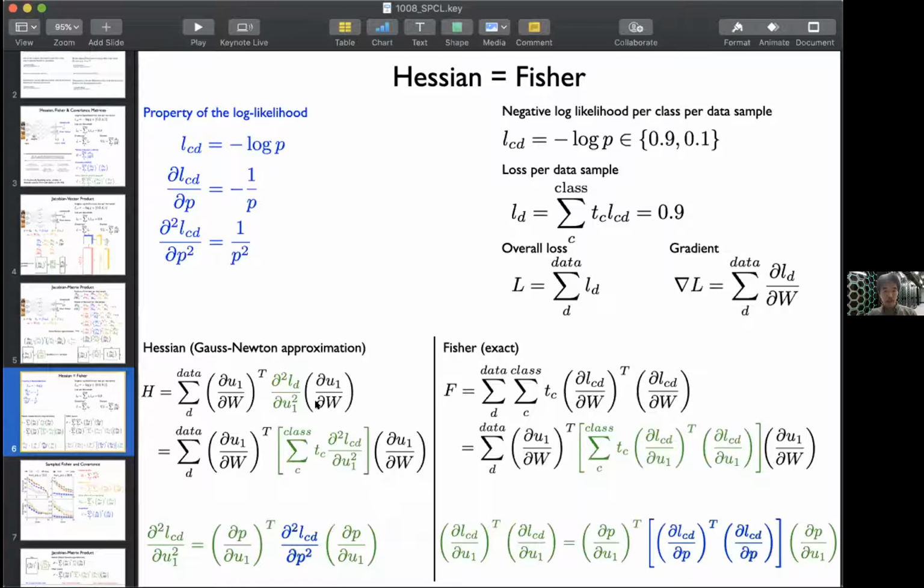And this is the Gauss-Newton approximation of the Hessian, or if you have all linear activations, this is actually equal to the Hessian. So this is not an approximation for most practical deep neural networks that people use. If everyone's using ReLU, this is actually equal to the Hessian. And you can rewrite this.